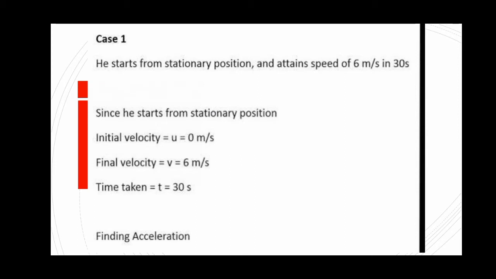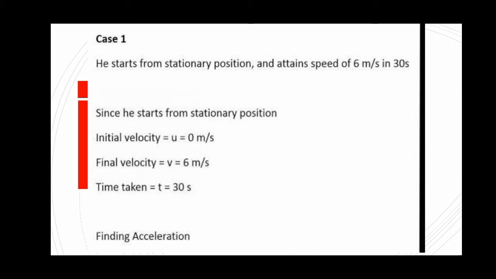He starts from stationary position and attains a speed of 6 meters per second in 30 seconds. Since he starts from stationary position, we know that initial velocity will be 0. He is starting from rest, so u is equal to 0 meter per second.